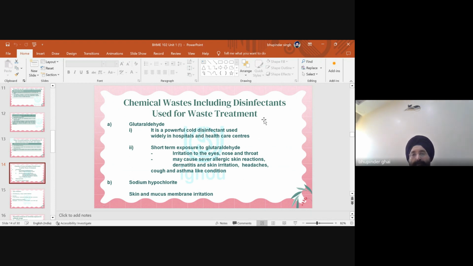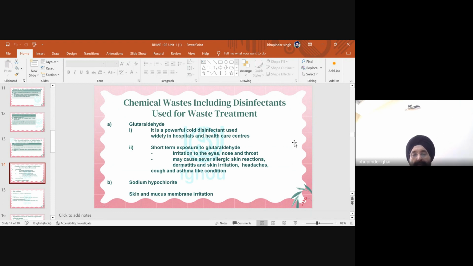But if a person is exposed to glutaraldehyde, there will be irritation to the eyes, nose, and throat. It may cause severe skin allergy, dermatitis and skin irritation, headache, and if inhaled, if the fume goes inside the lung, then there will be cough or asthma-like condition. That means he will have respiratory distress.